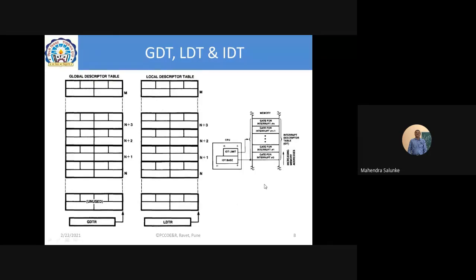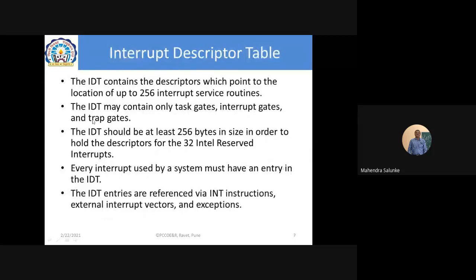So here in the case of the IDT, the gates are given. If I rewind and show you, three possible entries are given in the second line: task gates, interrupt gates, and trap gates.